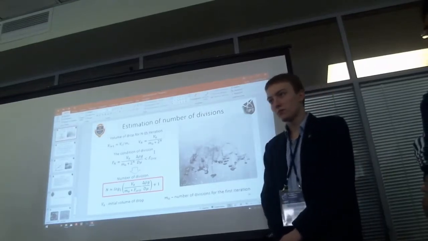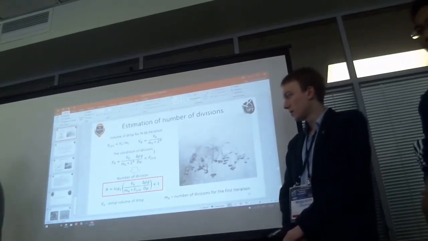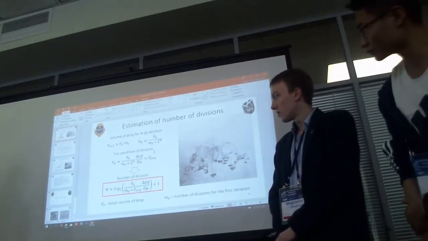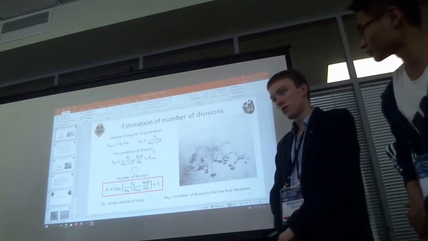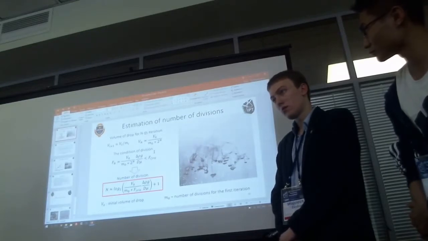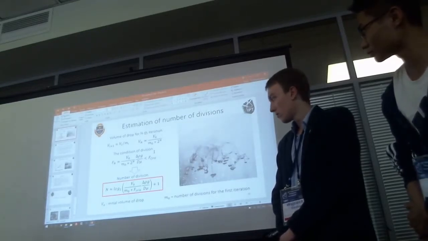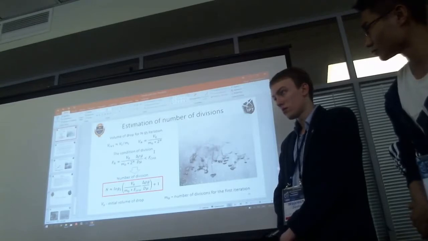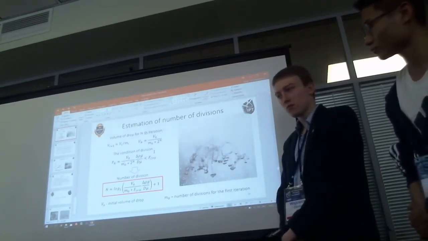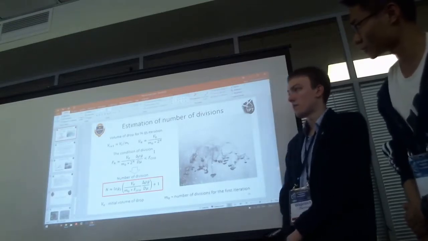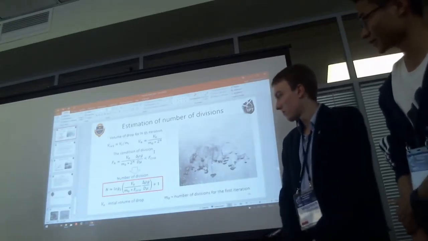My question is also about this formula. There are several parameters. Which ones did you change to prove this expression? Only the initial volume, or something else? The initial volume and the difference of densities. Two parameters.